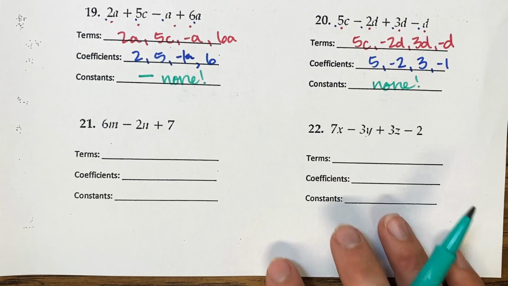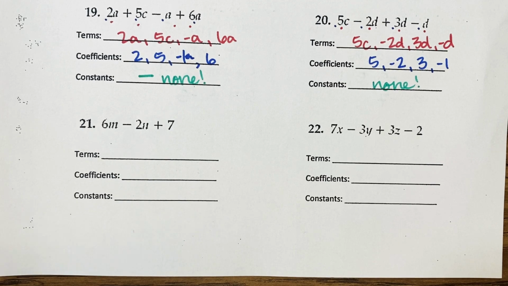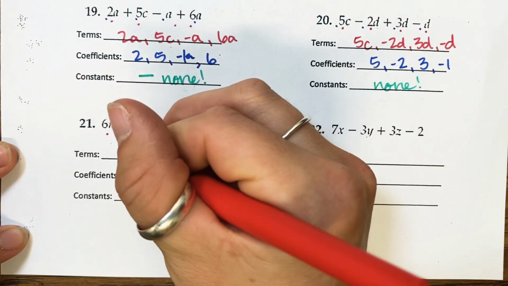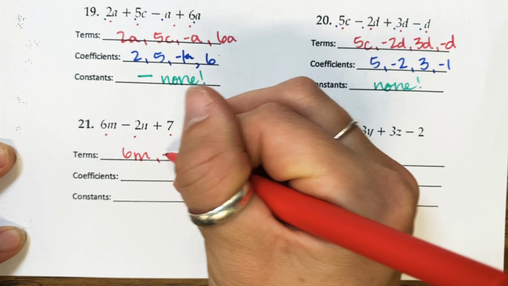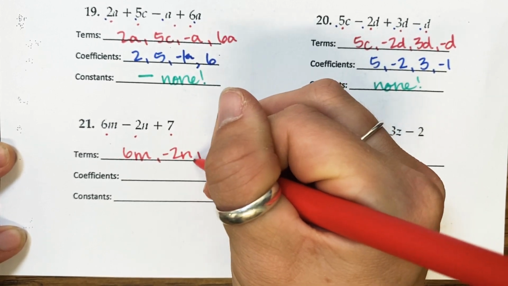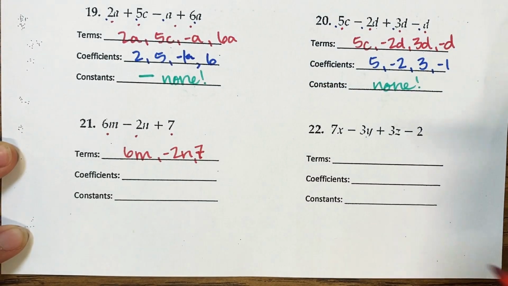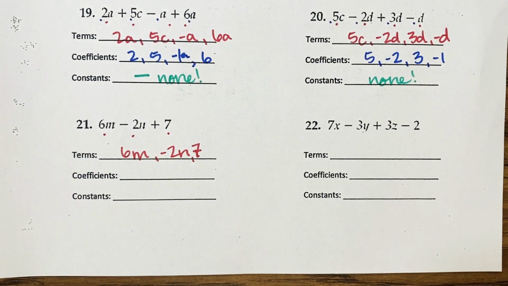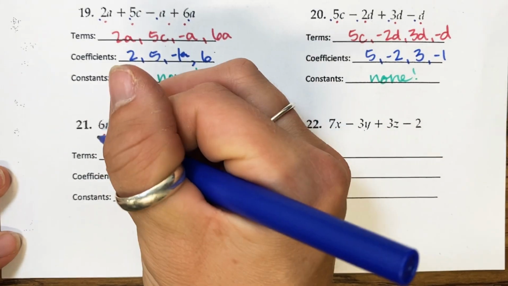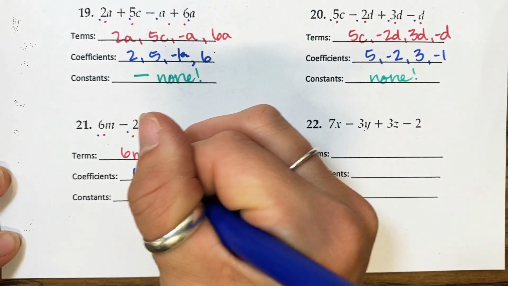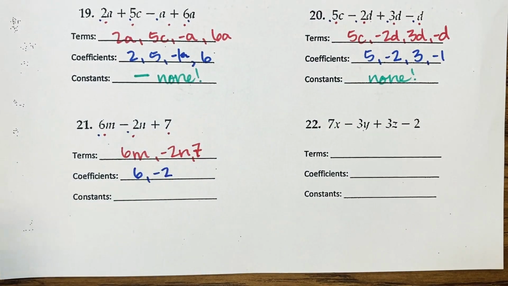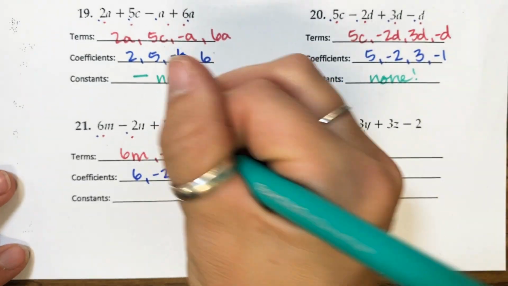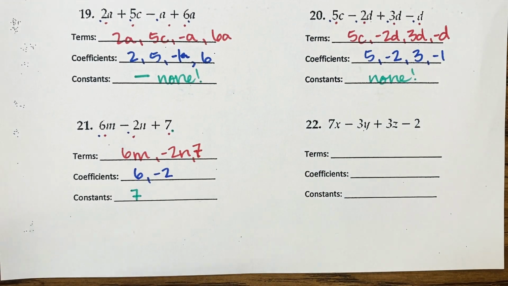Okay, 21 and 22. Terms, 1, 2, 3, we have 6m, negative 2n, and 7. Okay, our coefficients, 6 and negative 2. And then our constant, 7.